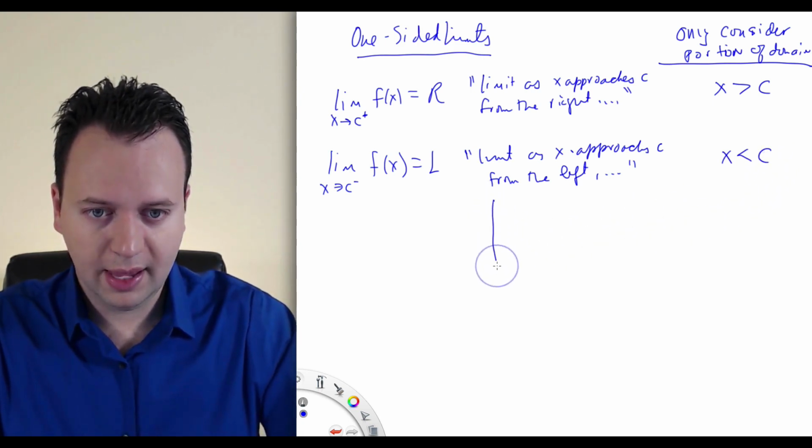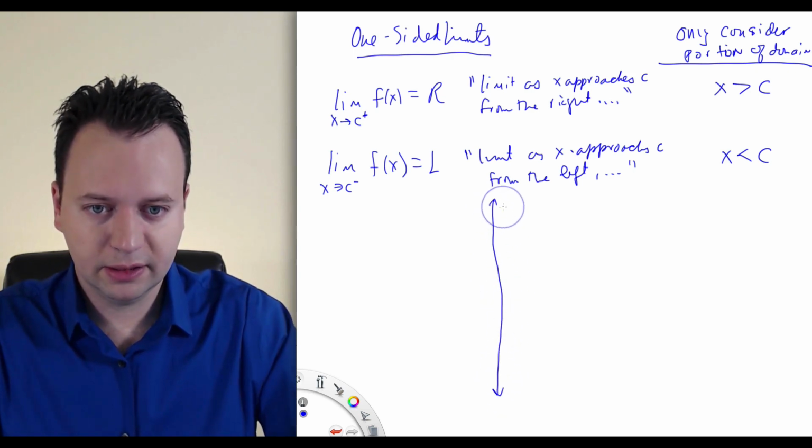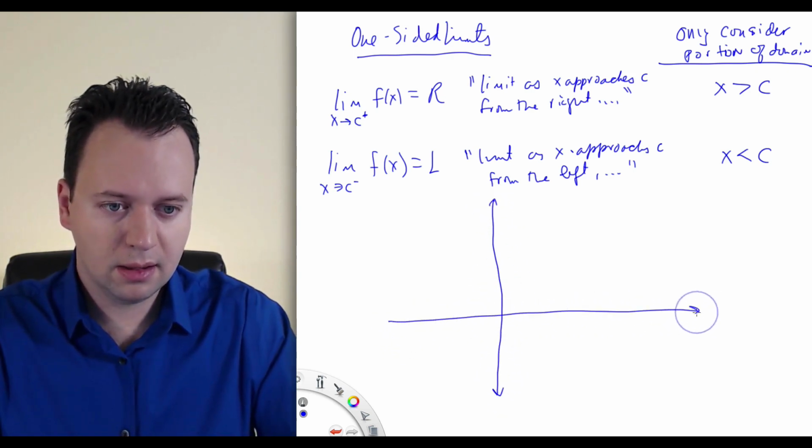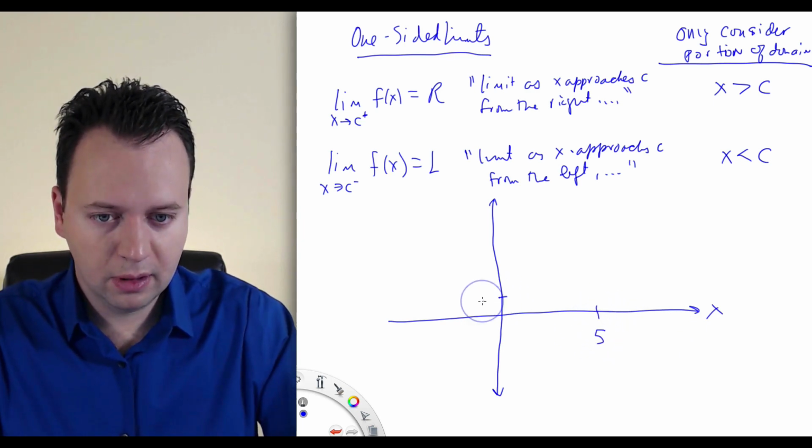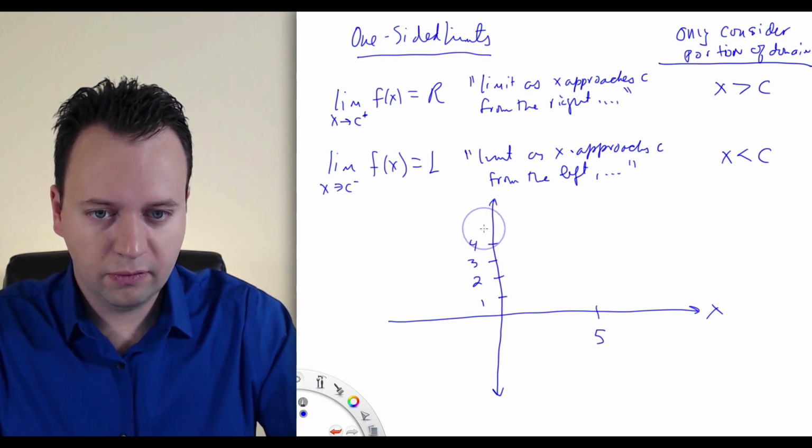So let's look at a graphical example of this. It's supposed to be a straight line. That's better. So we have the point 5 here. We have 1, 2, 3, 4, 5, 6.